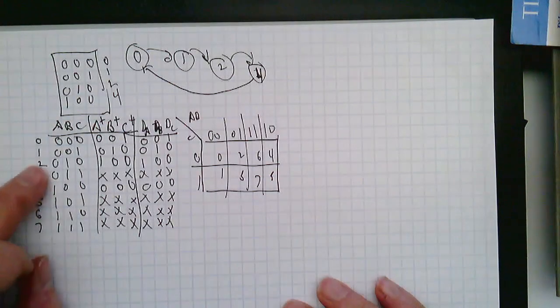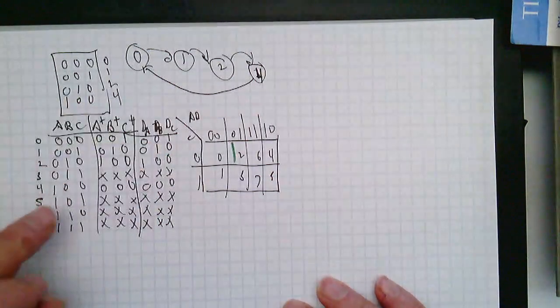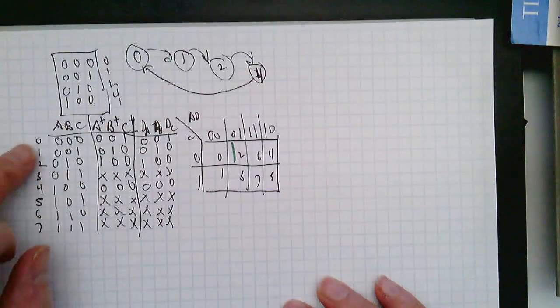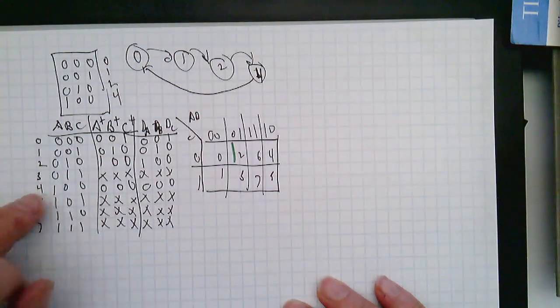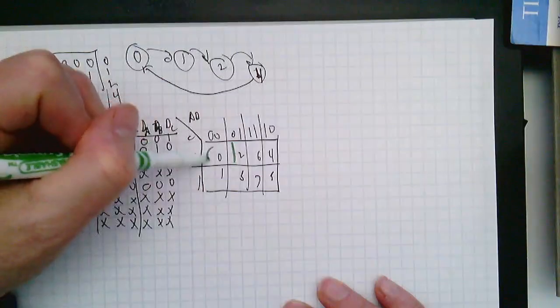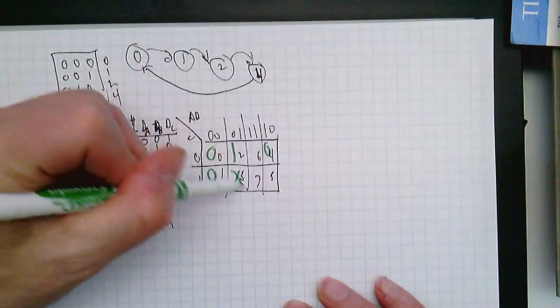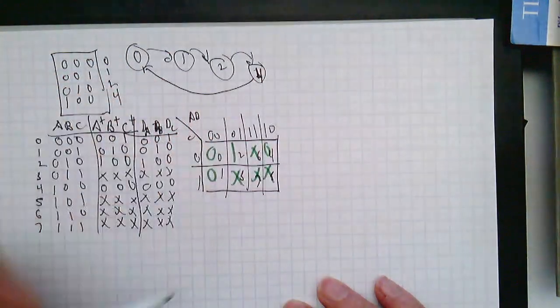I got a 1 in row 2. I got zeros in rows 0, 1, and 4. All the rest are don't cares.